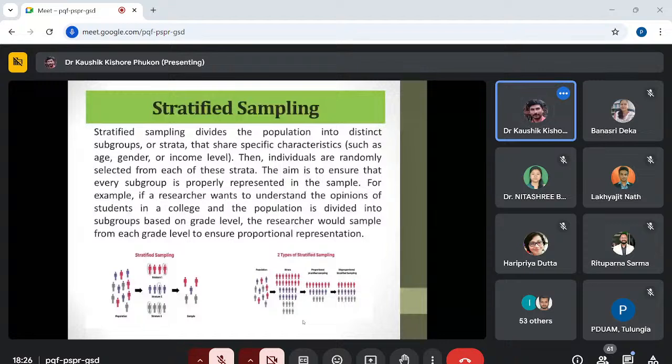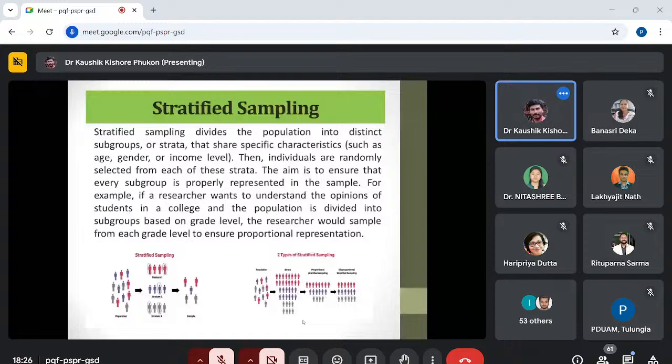You may apply either as per your research requirement.